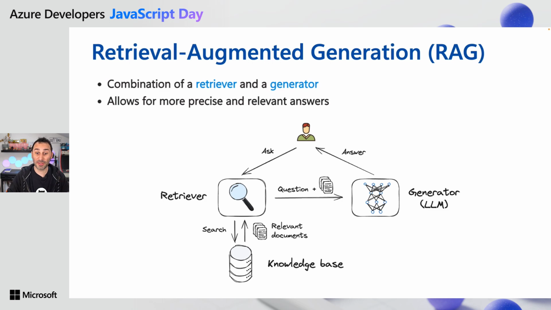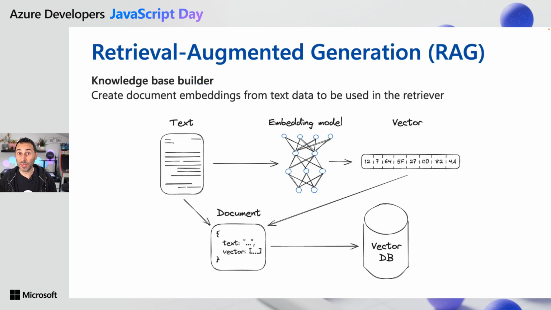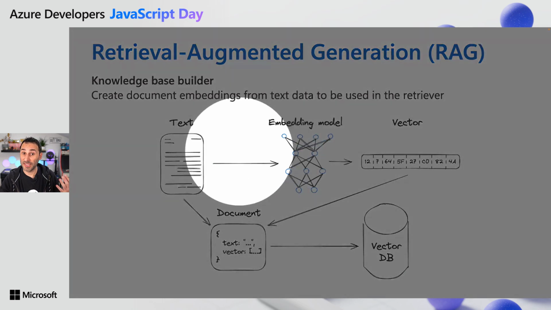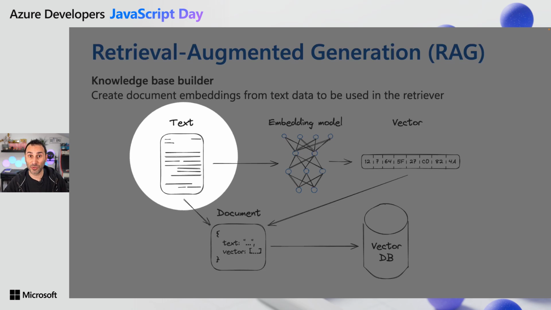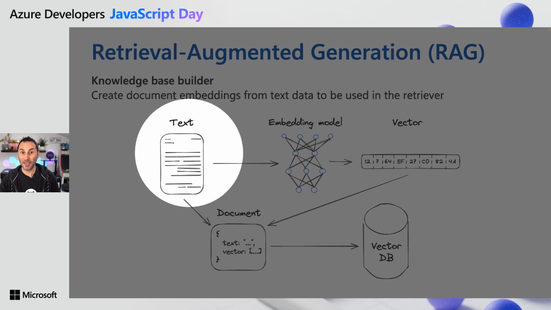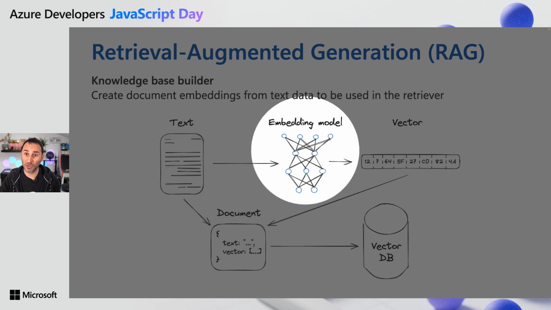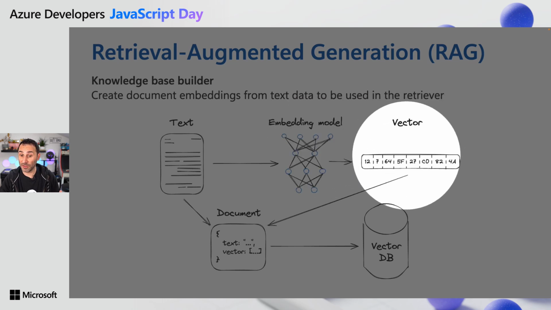To implement this, first you need to build your knowledge base. To do that, you start from the pieces of text that will constitute your knowledge. You pass a piece of text through what we call an embedding model. It's a specific model that will transform the text into a vector representation. This vector is called an embedding.